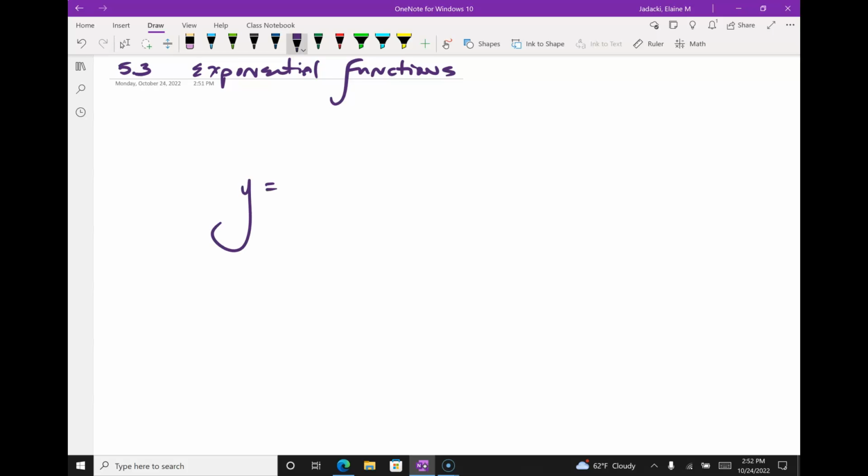So y equals a times b to the x is an exponential function.